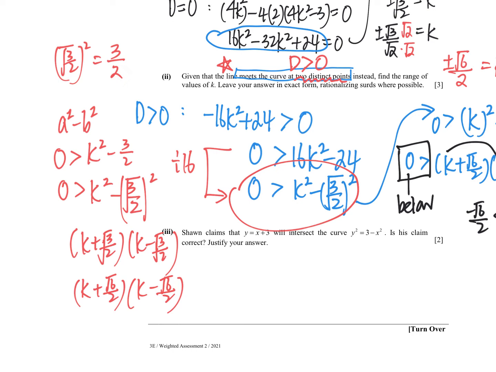Put a square root, then square it. Because it's the same thing. What is square root 2 squared? 2. It's root 2 times root 2, right? Can you see it's still 2? I never change anything. I write it in this way so that I can have a square and I can factorize. So now I can factorize. Then I can do my sketching.